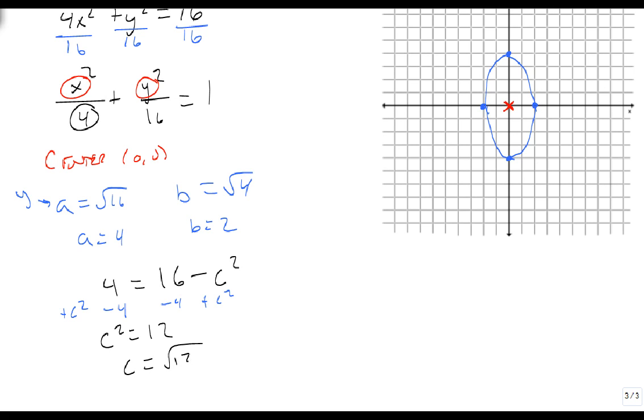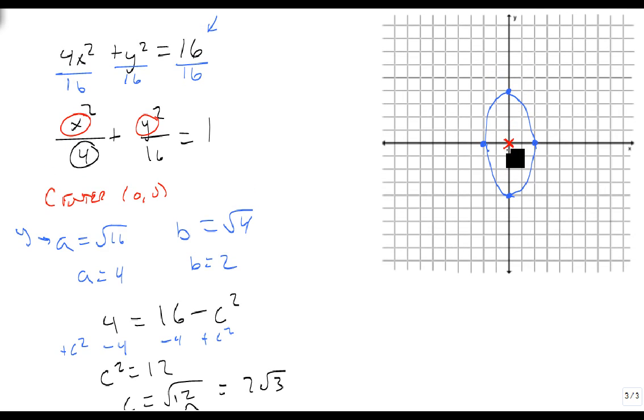So c is the square root of 12, which is 2 square roots of 3 once we break this down as 4 and 3. Well, when we come up to the 2 square roots of 3, that's the square root of 12. That's between 3 and 4. So our foci are between 3 and 4, and it's probably about right there and right there.